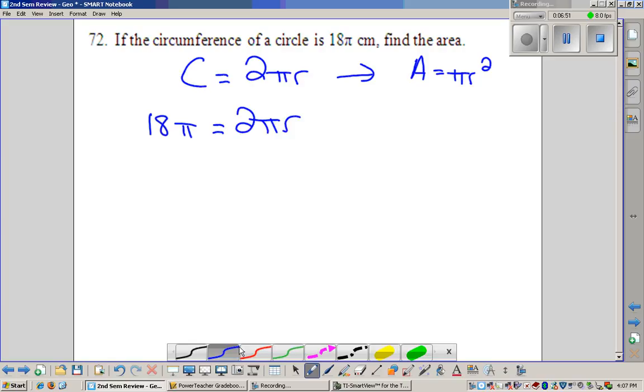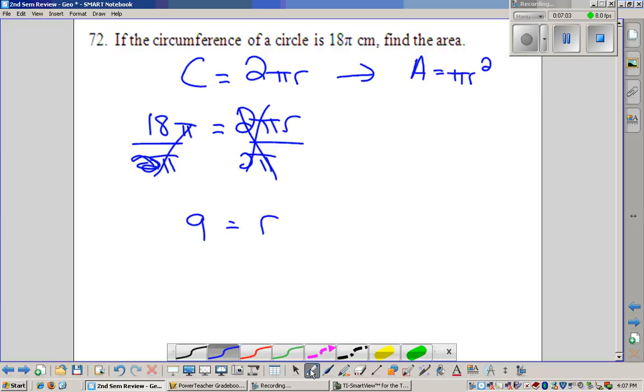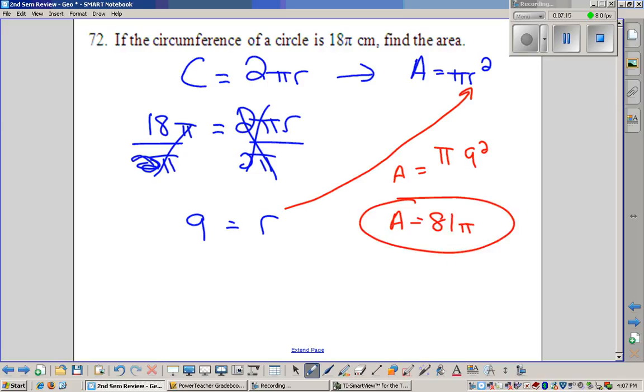We'll divide and solve for r. 18 divided by 2, r is 9. Now let's take that and put it in for r. The area equals 81 pi. 9 squared is 81. That's the answer in terms of pi.